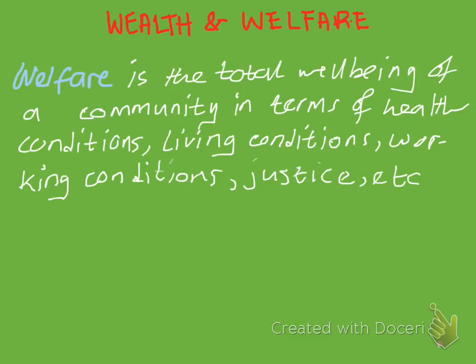So you see, wealth is a stock of goods existing at a particular time, but welfare is the well-being of the community. That's how wealth affects the community, how the community fares. That is welfare. And it can be in terms of health conditions, living conditions, working conditions.